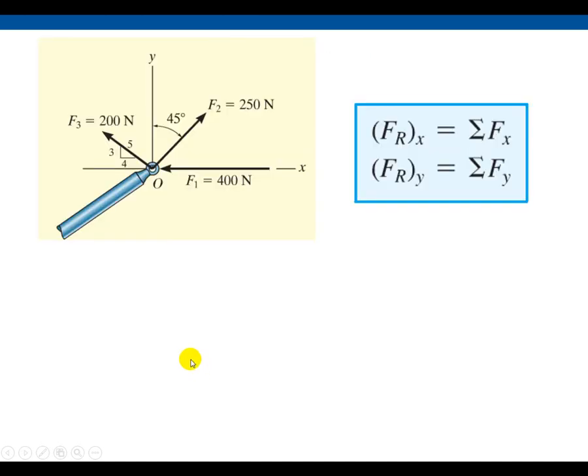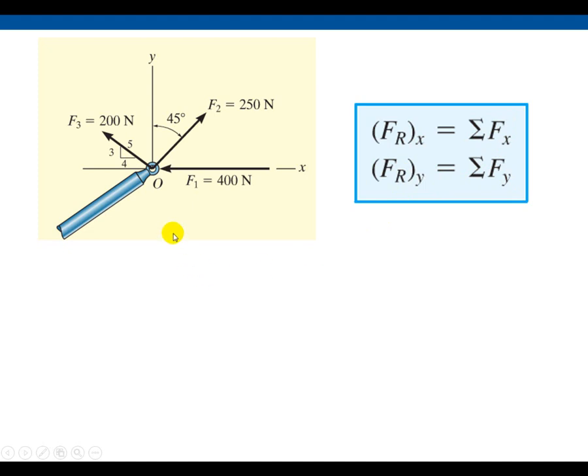Let's express the three forces F1, F2, F3 as Cartesian vector notations. Again, the x component of the resultant force, Frx, is the summation of all the x components of each force. Resultant force Fry is the summation of all the y components of each force.